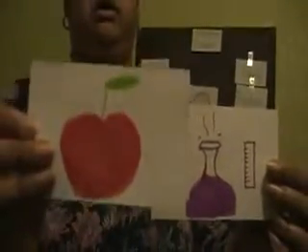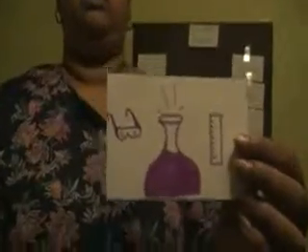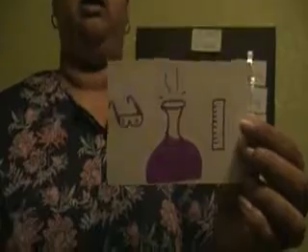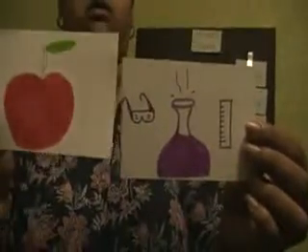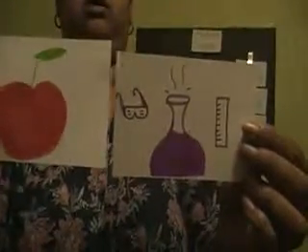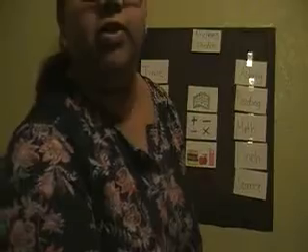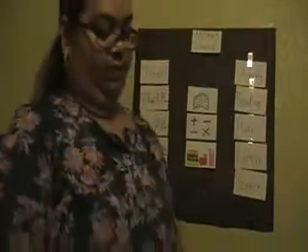Is it the apple? Or is it the beaker with the measuring cylinder and the goggles? That's right, it's the beaker. So, since you got it right, would you like to come put it up here on the board?